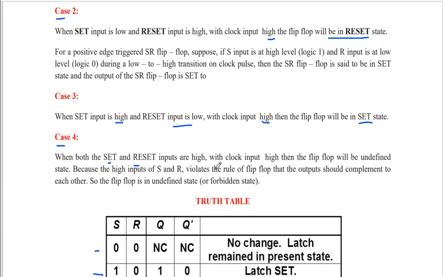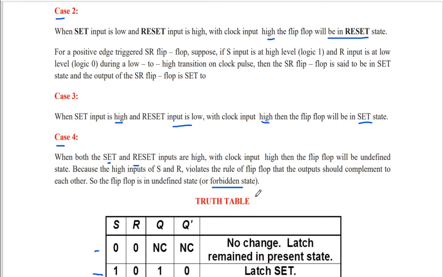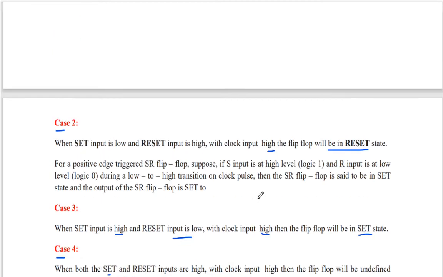So the flip flop will be in an undefined state, because the high inputs of S and R violate the rule of the flip flop that the outputs should be complements of each other. This state we call the forbidden state.